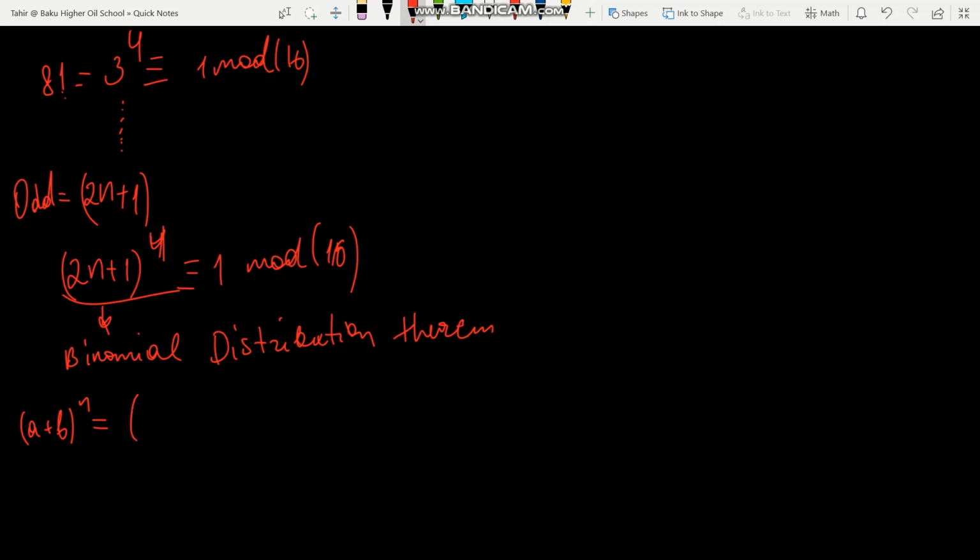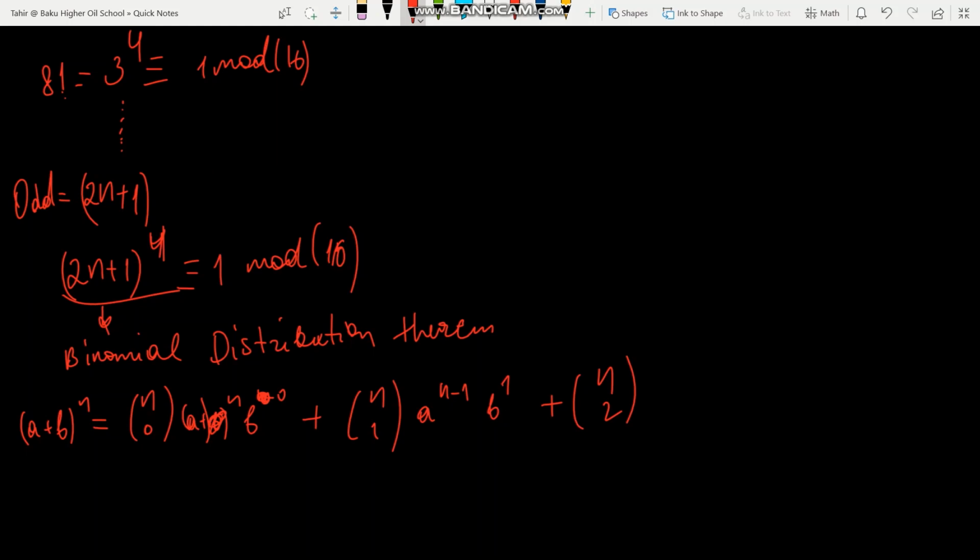The sum of the combinations from n choose 0, times a to the power n and b to the power 0, plus the combinations n choose 1, times a to the power n minus 1 and b to the power 1, plus again in the same way, the power of a will go down 1 by 1, and the power of b will increase in the same manner.